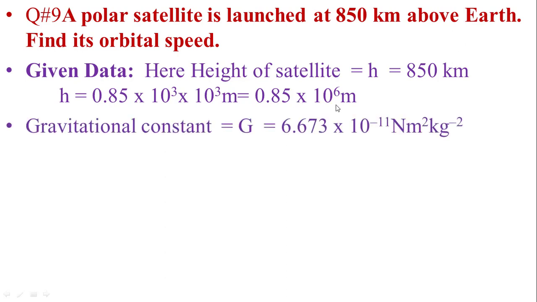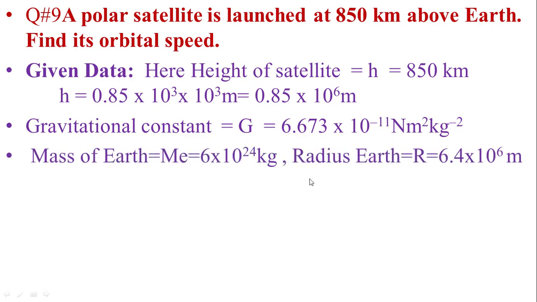The gravitational constant capital G is equal to 6.673 multiplied by 10 to the power minus 11 Newton meter square per kg square. Mass of Earth M_E is equal to 6 multiplied by 10 to the power 24 kg and radius of Earth is equal to 6.4 multiplied by 10 to the power 6 meter.